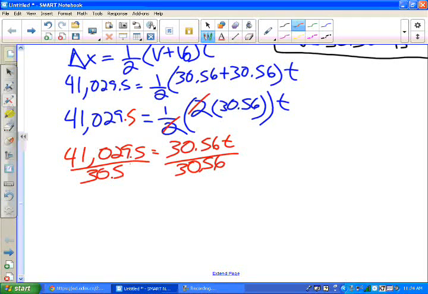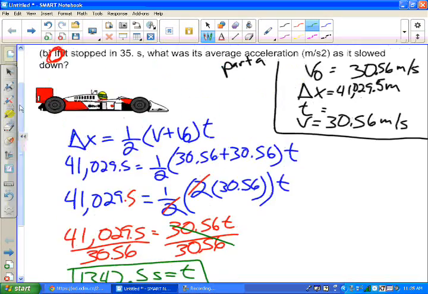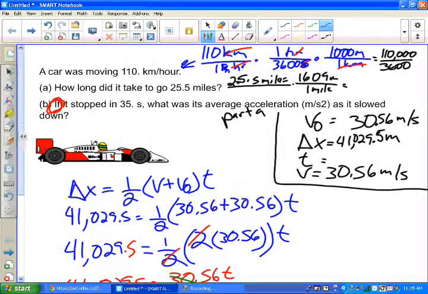Divide by 30.56 to isolate the t, and I get a final answer of 1,342.5 seconds. Now that's the time in seconds.